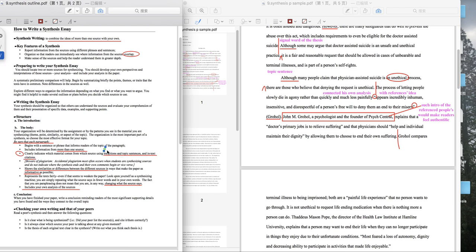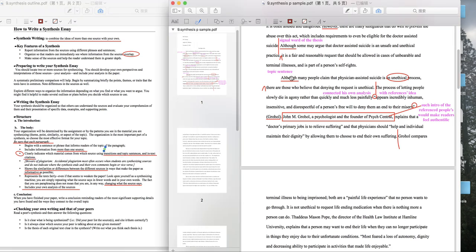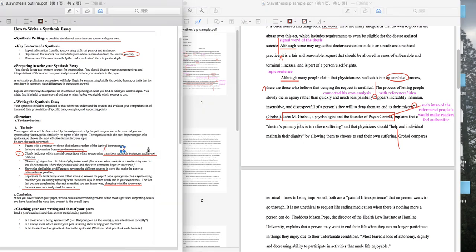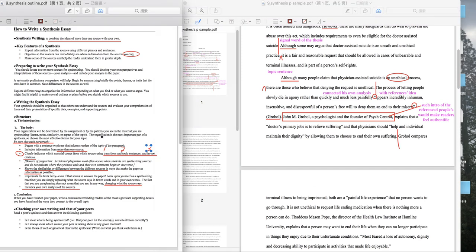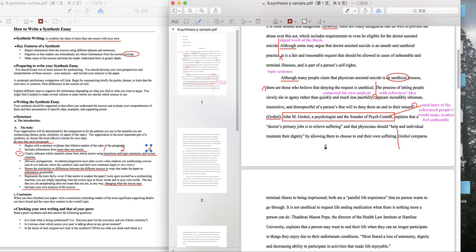Do they have transitions? Yes, it does, right? Does it have a topic sentence? For sure, here's a topic sentence. Does it have in-text citations? Or you could say quotations. Of course, quotations. So if you have a question here, I would explain to you here, correct? So we're done with this part.